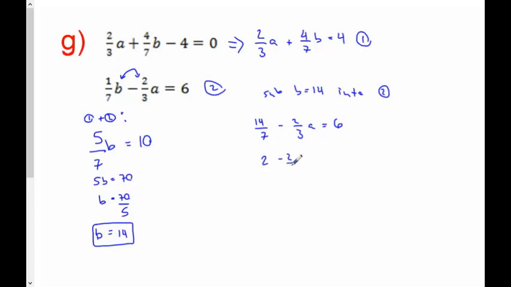So 2 minus 2 over 3a equals 6. You can move this 2 over to the other side. And just like I did over here, I can multiply by 3, so that's 12. And then when I divide by negative 2, that will give me negative 6. So a is negative 6.